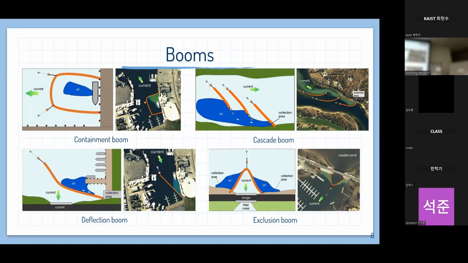Containment boom deployment for spill containment requires the placement of a boom in a moving body of water and involves several distinct operations. A deflection boom is used to intercept, deflect, or move a slick towards a more desirable recovery site.